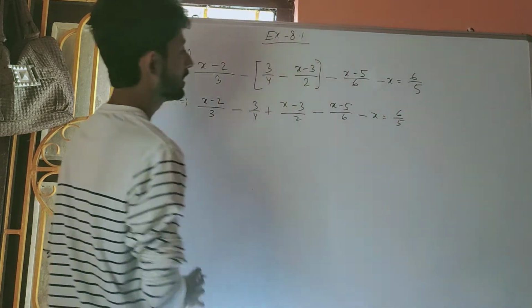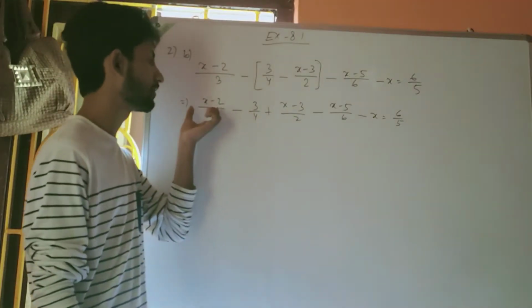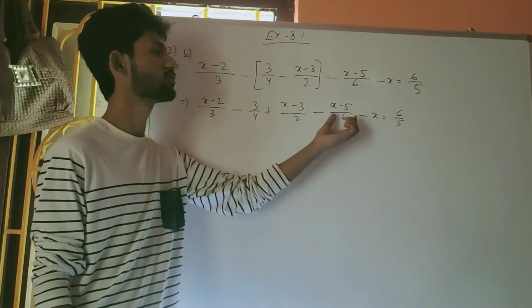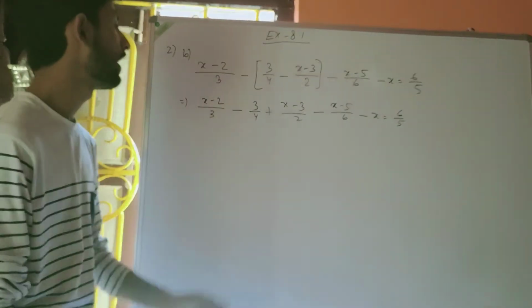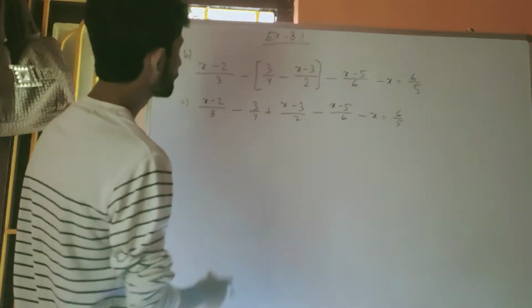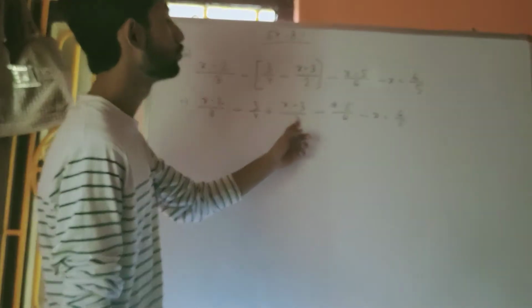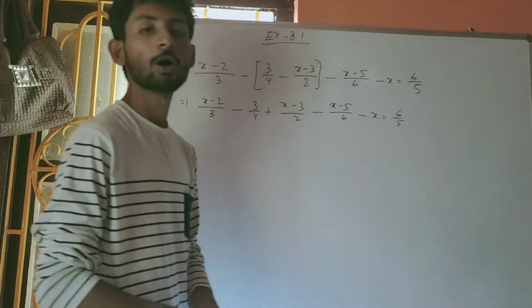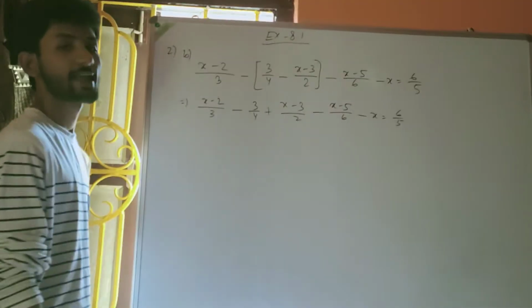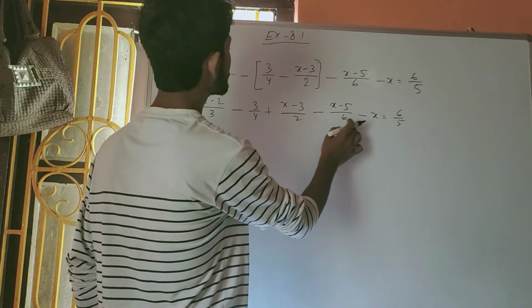Now in that question you can apply directly. Either you can add these terms and move minus 3 by 4 to this side, or you can do it like this. Look how many denominators are here: 3, 4, 2, 6, 5. So find the LCM of 3, 4, 2, 6 and 5.